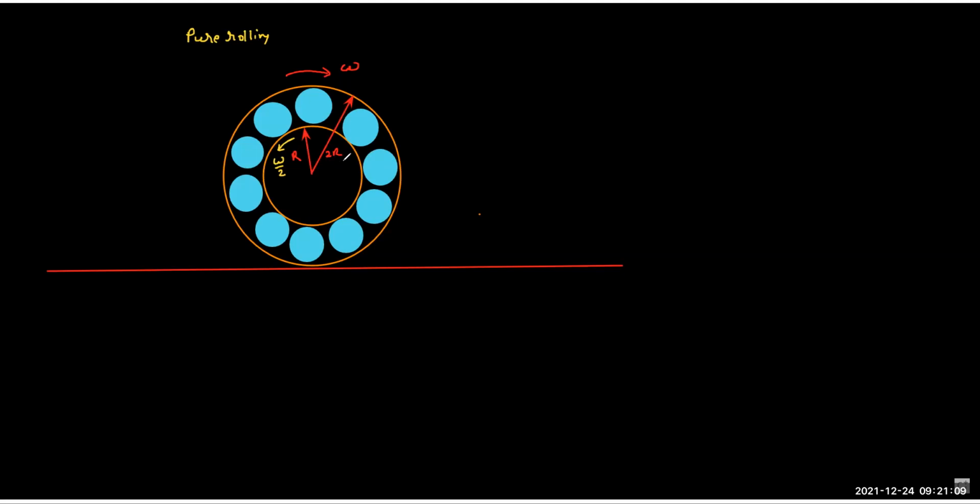And now I may ask you this question. Let's say this is 30 degrees, and you're supposed to take this as the XY plane. So what is the velocity of the point?